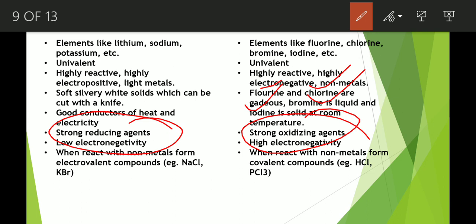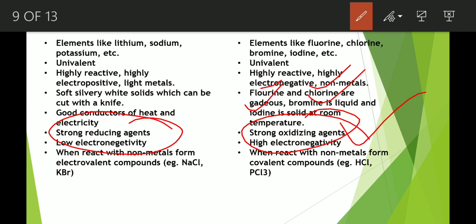What is the meaning of this term? Strong reducing agents means alkali metals donate electrons. They are electron donors. And strong oxidizing agents means halogens are electron acceptors. They accept electrons. If you can remember my example, the sodium is donating an electron to achieve octet, right?